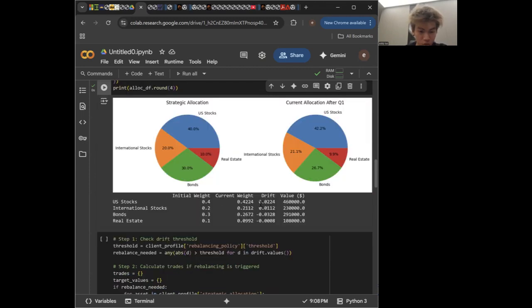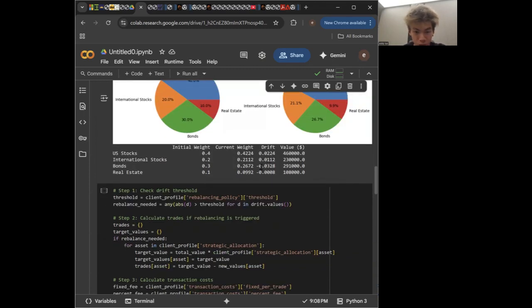The table shows the initial weight and the current weight. The drift is the current weight minus the initial weight, and it also shows the value of each asset after the quarter one gain or loss.